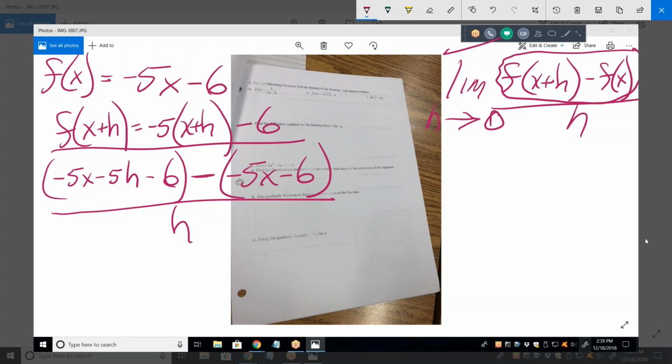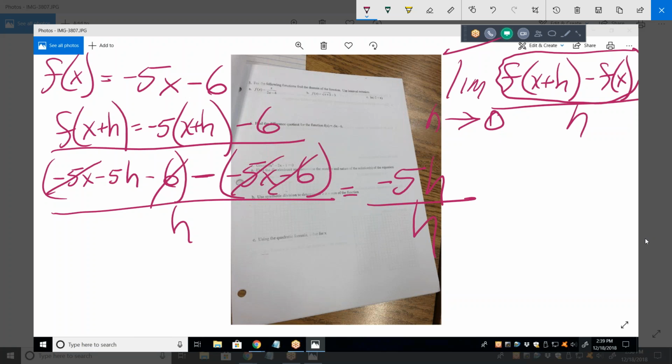Notice that turns into a plus 5x, and we've got a minus 5x over there, so those cancel out. That minus 6 cancels out with the plus 6, so those cancel out. What I've got left on the top is minus 5h only, divided by h.